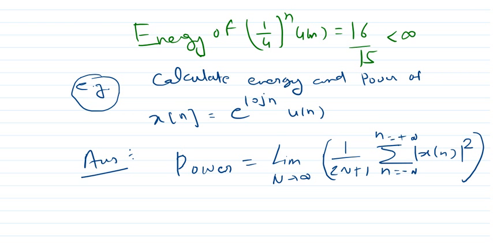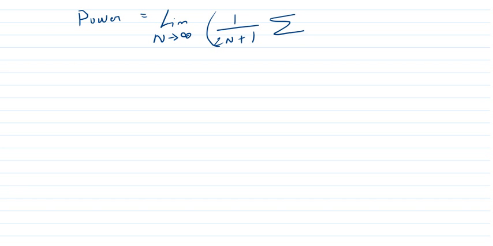Let us calculate it: limit N tends to infinity, 1 divided by 2N plus 1, summation n equals minus infinity to plus infinity.